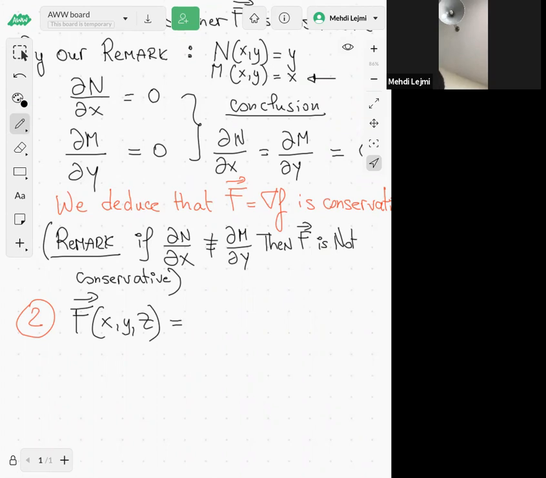So let's say the first component is 3x squared. Second component is z squared over y. And the third component is 2z natural log of y.